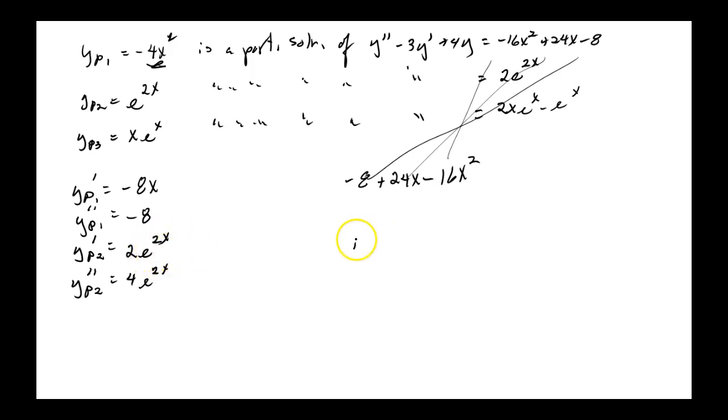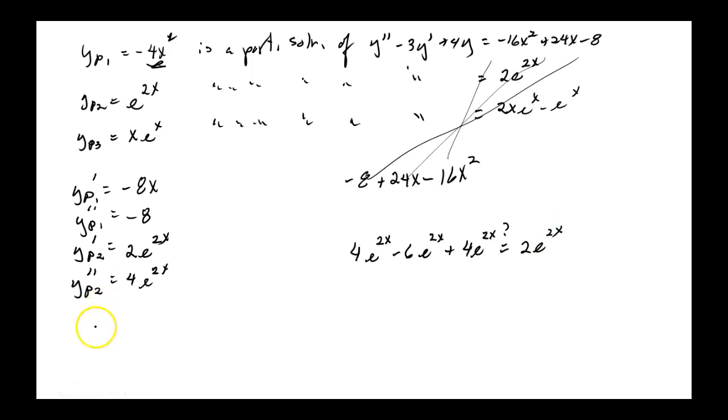That would be 4e to the 2x minus 6e to the 2x plus 4e to the 2x. And is that equal to 2e to the 2x? Yes, it is. So that is a particular solution there.